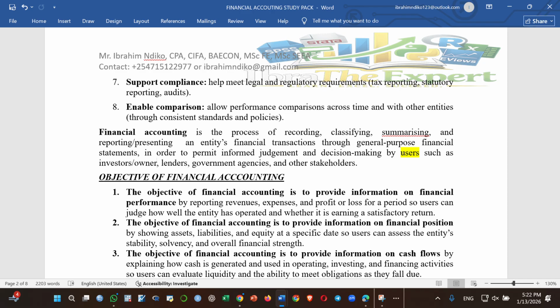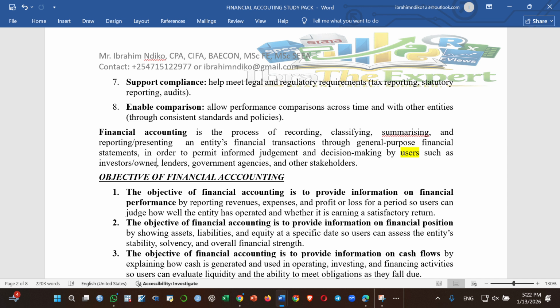So the owner relies on the financial accounting or the accountant. So the accountant does what? Record, then classify, then summarize, then present the financial transactions in the form of a statement so as to allow the users of this information to make what is called the informed decision or judgment.